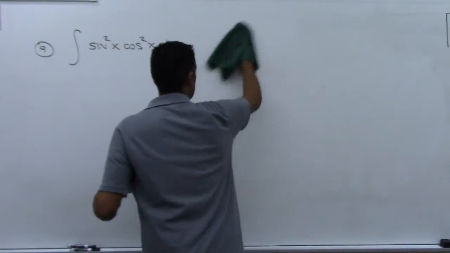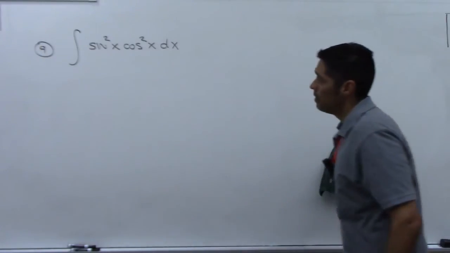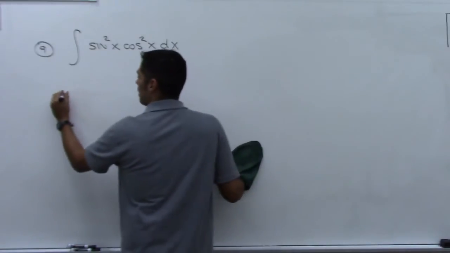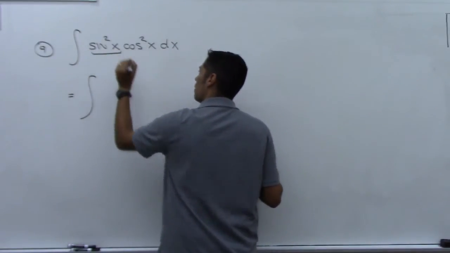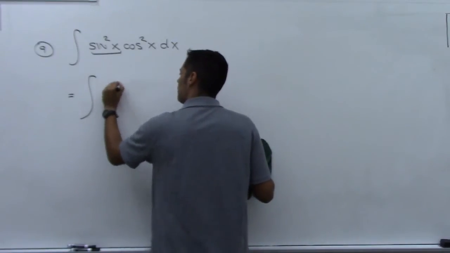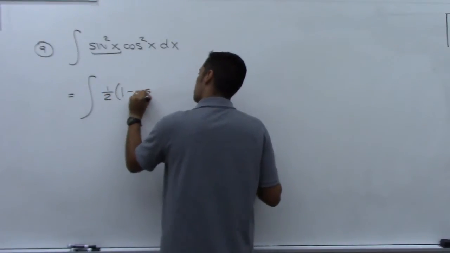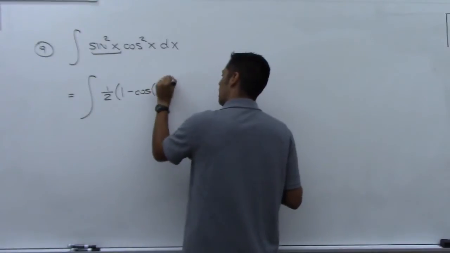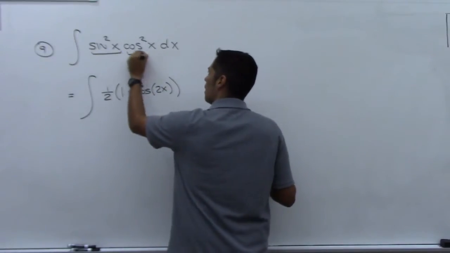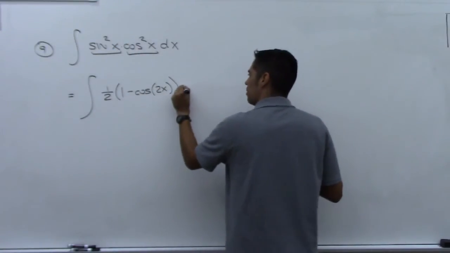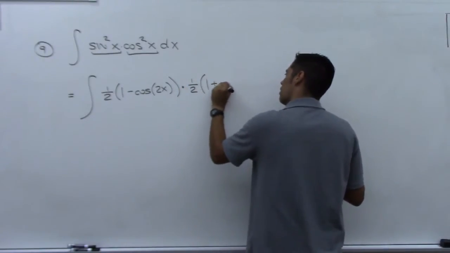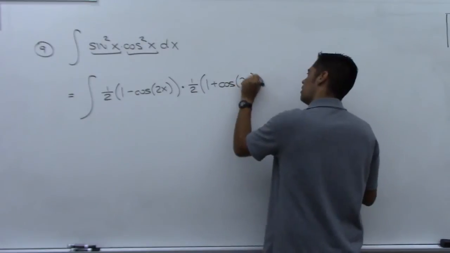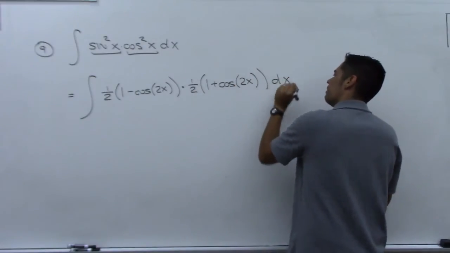But this power reducing formula has been pretty effective. So what I'm going to do is rewrite the integral. Rewrite the sine squared x first. That's 1/2 times 1 minus cosine 2x, because I doubled the angle. Then I rewrite this, and remember there's multiplication between them, so times 1/2, then 1 plus cosine 2x dx.